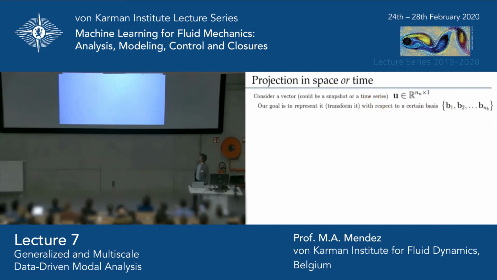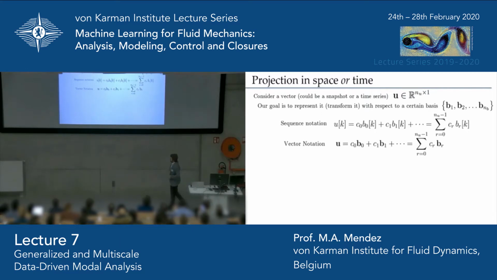So at the end of the day, as usual, when you do data processing, you end up with vectors. And as we saw today, vectors need to be represented, and the moment you represent them, you need a basis. So at the moment, let's not think whether we're taking rows or columns. I just take a vector and I want to represent it with respect to another basis. So as we've seen today, using either a sequence notation or a vector notation, you write your signal as a linear combination of basis vectors.